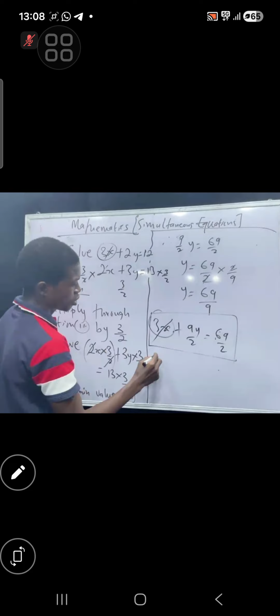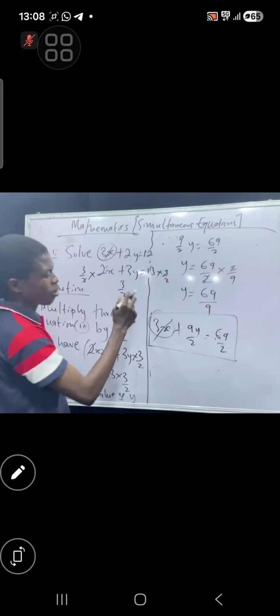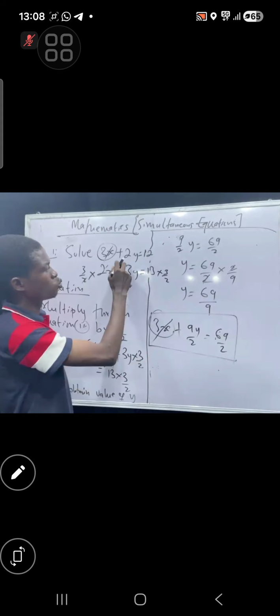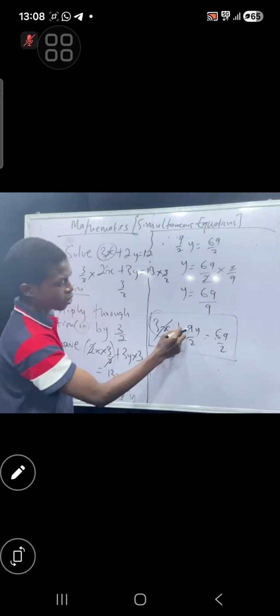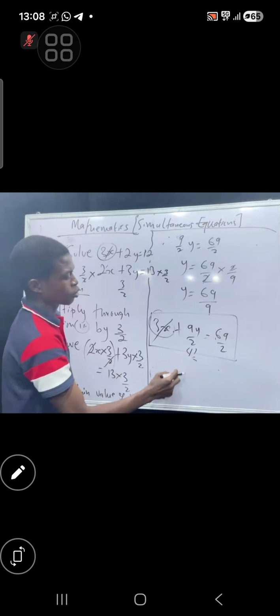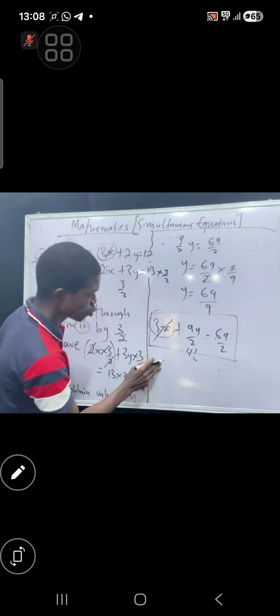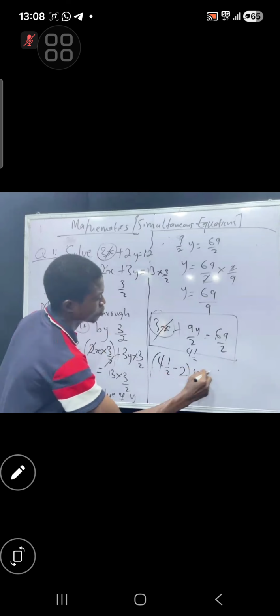Then all the coefficients, put them in brackets. You can see that now you have to look at the one that has the higher coefficient. 9 over 2 and 2. If you turn this one to a mixed fraction, what do you obtain? 2 in 9, that's 4.5. So now this one has a higher coefficient than this one. That we have to calculate what? 4.5 minus 2 in brackets y.